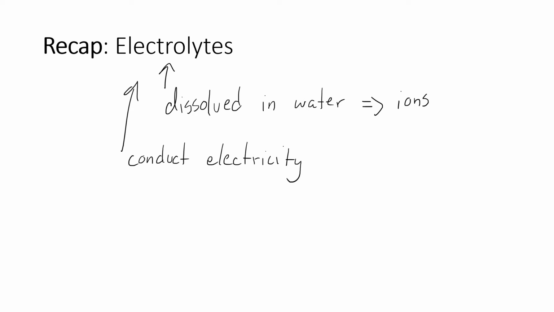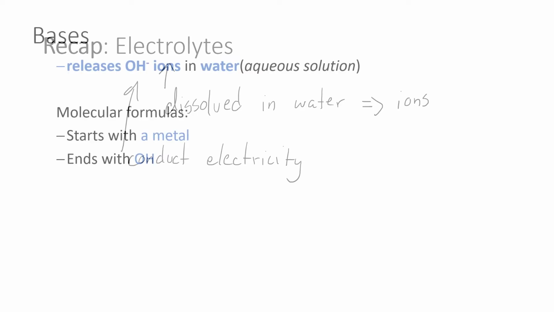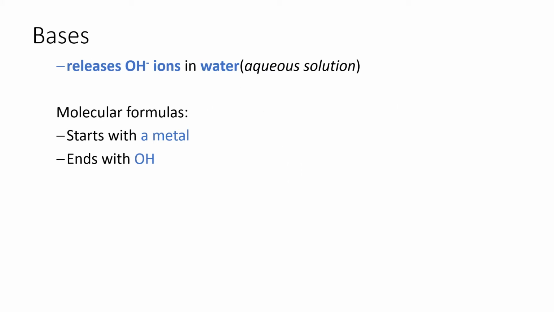In this video, we're going to be focusing on bases. Now, bases, by definition, will release an OH ion, which is also called the hydroxide ion, in water. And the reason why it's called the hydroxide ion is because it has one oxygen and one hydrogen atom that is in an ionic form.